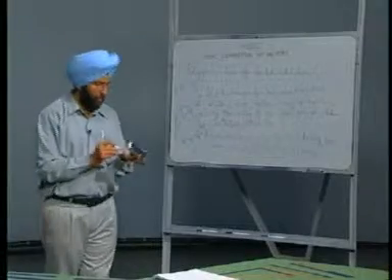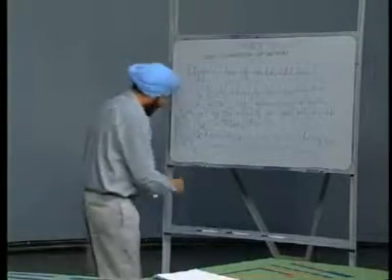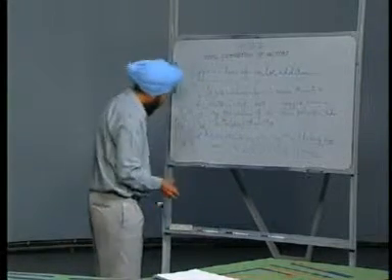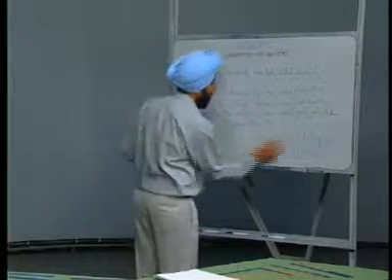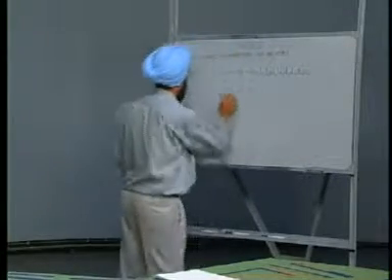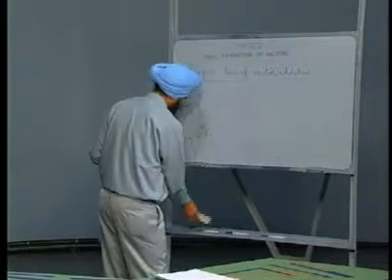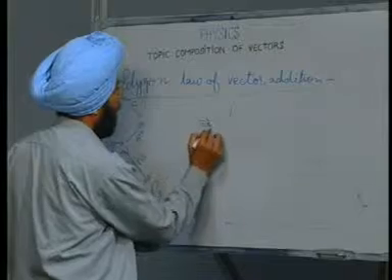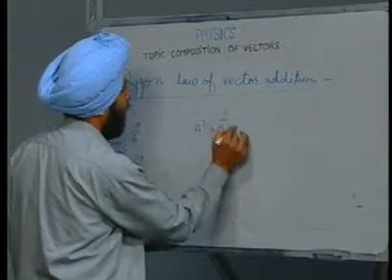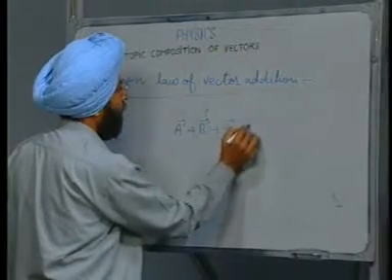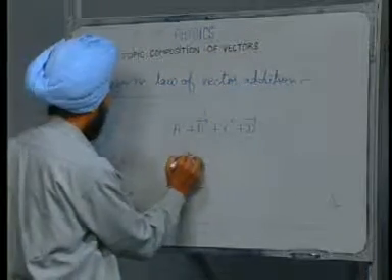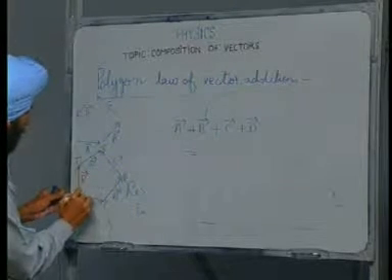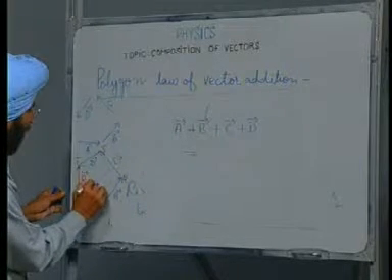We can prove this using the triangle law of vector addition. We have here four vectors, A plus B plus C plus D. A plus B using the triangle law is equal to R1.